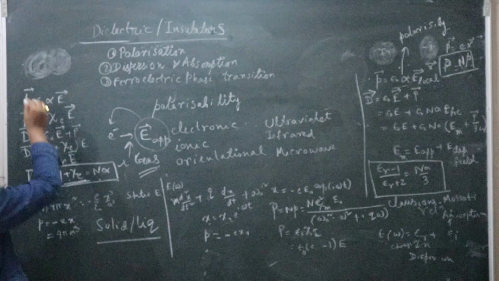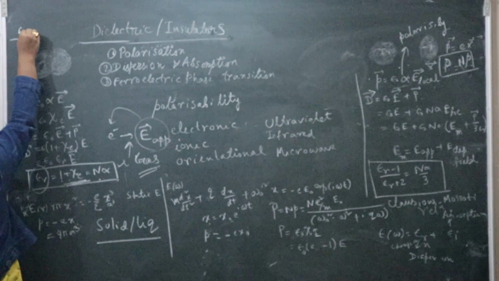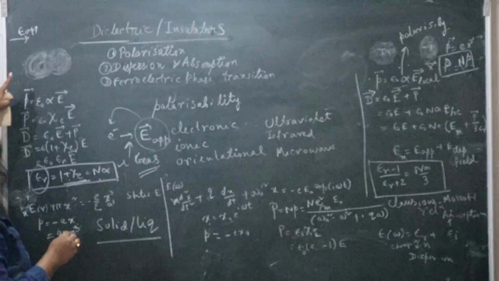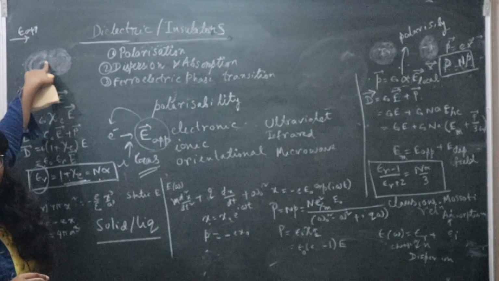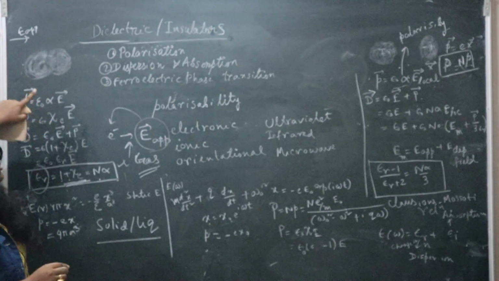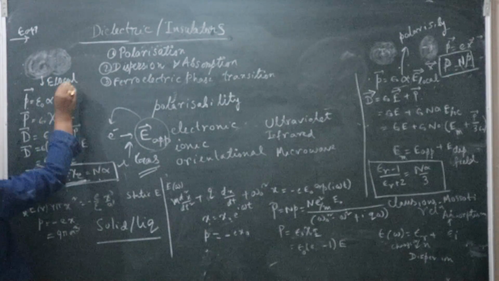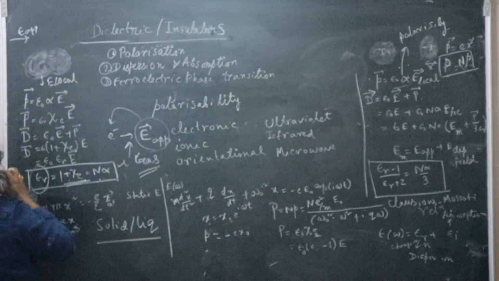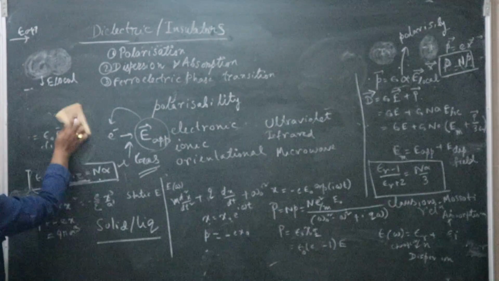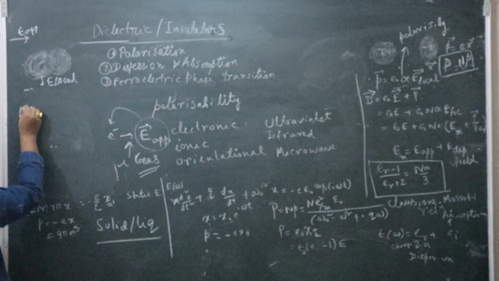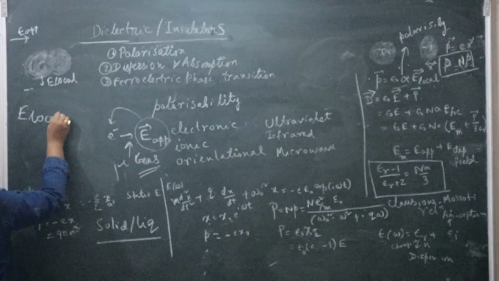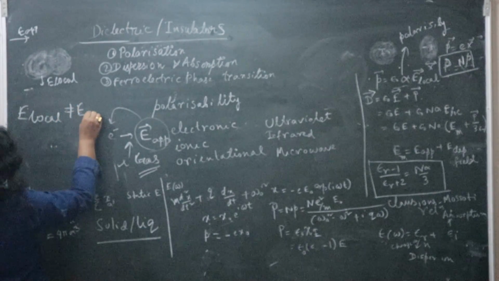So the electric field that I have applied is not exactly the same that the electron here will realize. The local electric field will be quite different from the applied electric field. So in this case E local is not equal to E applied.